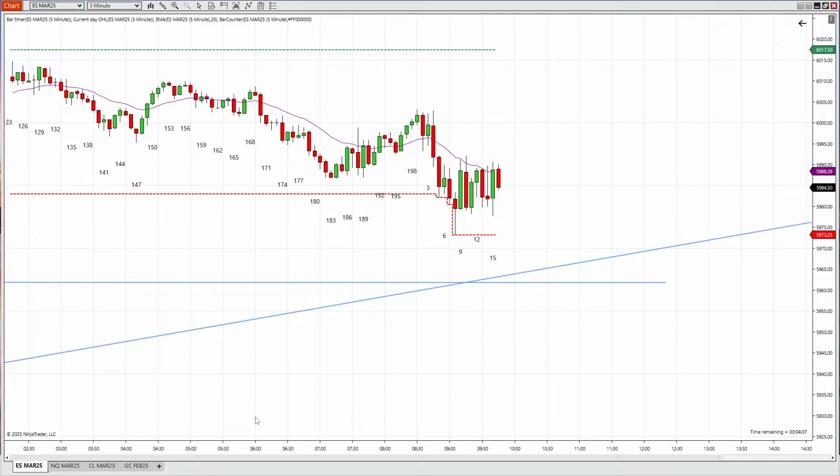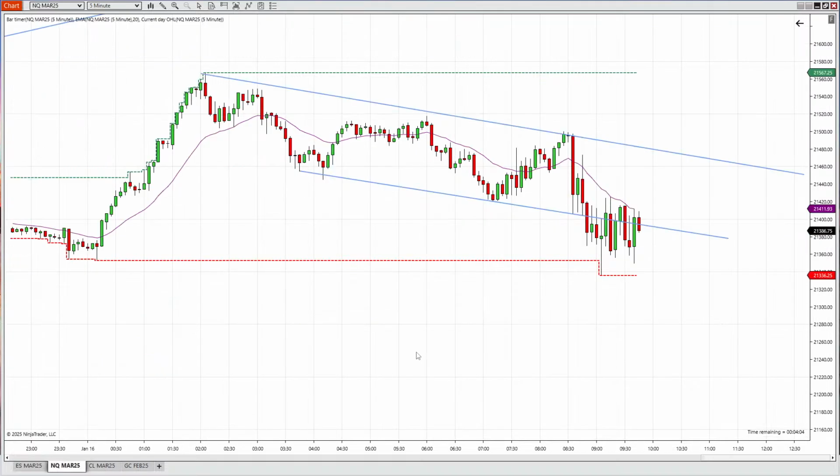Tight trading range here. In Q, very much the same thing.